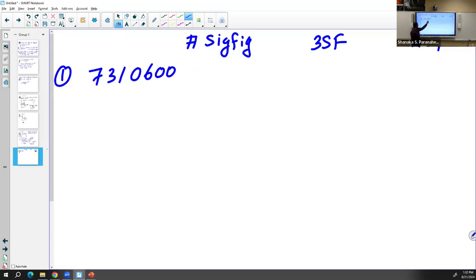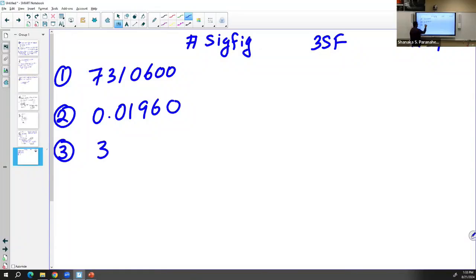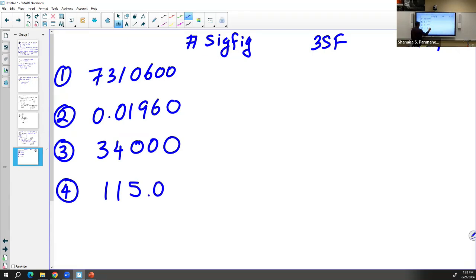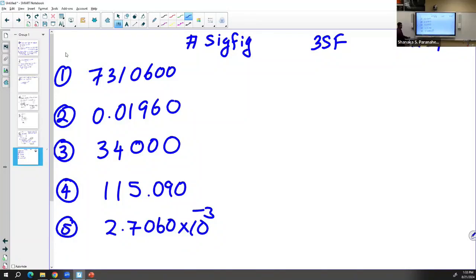You're going to count the number of significant figures for the given number, and then round this number into three significant digits and two significant digits. There are five examples.